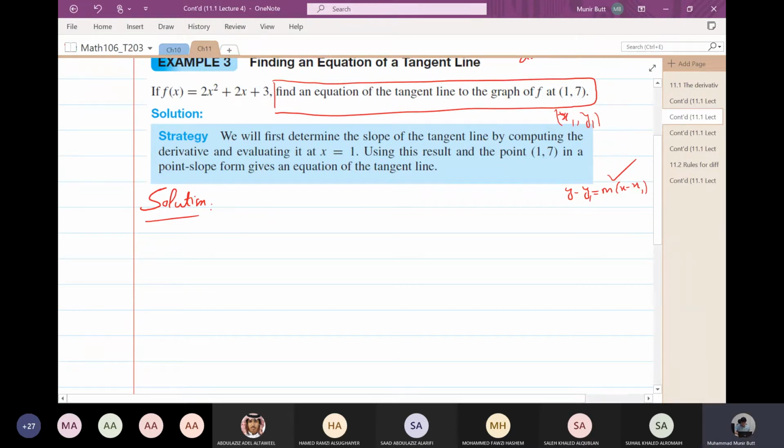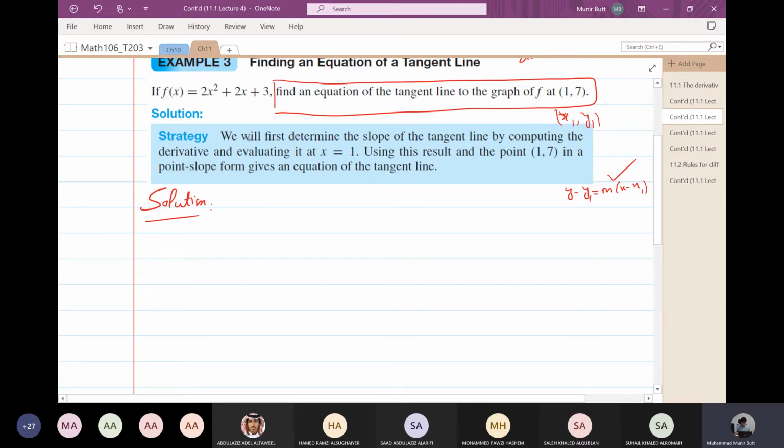And for this tangent line, first of all, we need a slope. And what will be the slope? The slope is the derivative of this function at the point (1, 7). It is written here, I don't need to write it again.